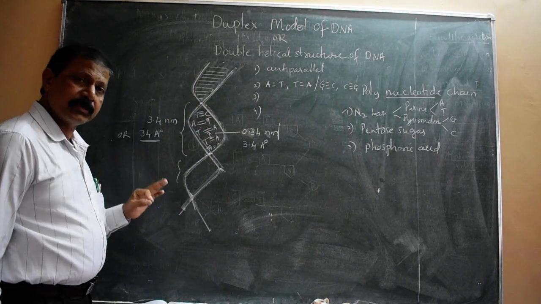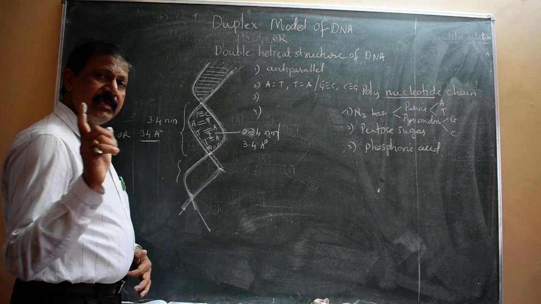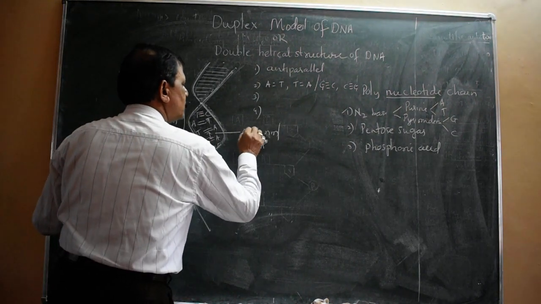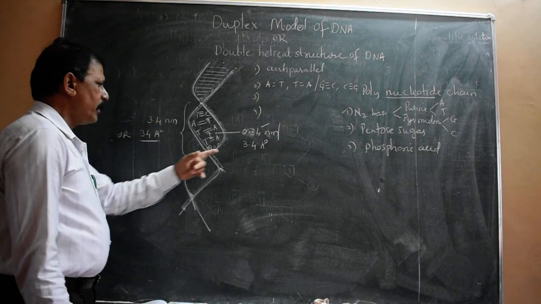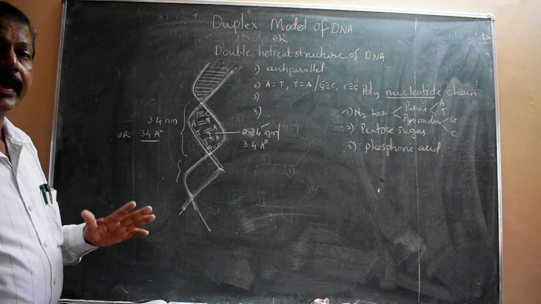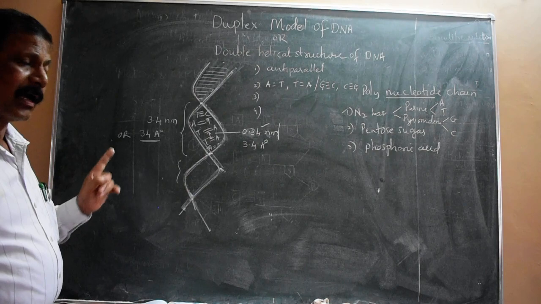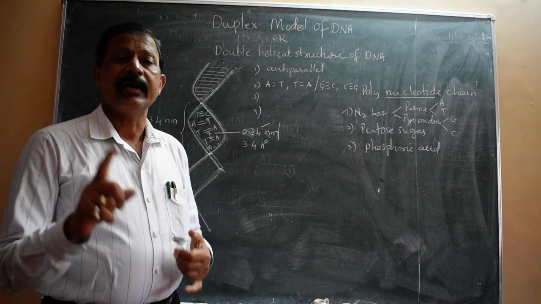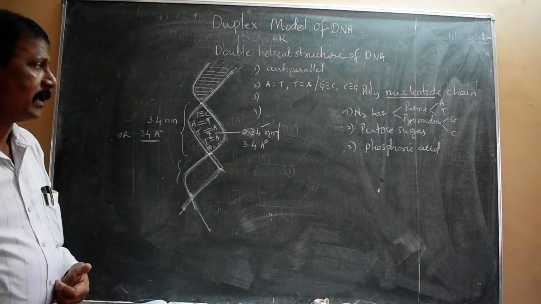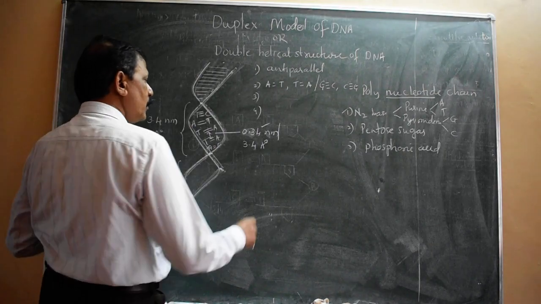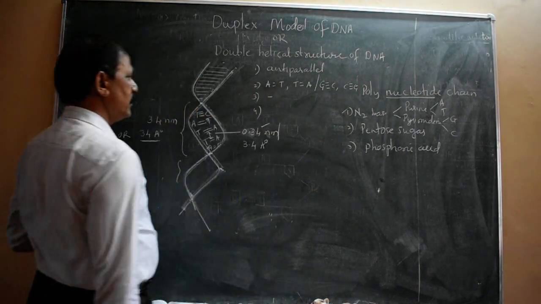So the distance between each base pair is about 0.34 nm, or 3.4 angstrom. This is asked many times as a one-mark question, as well as in the CT examination. So this is also a very important characteristic feature.